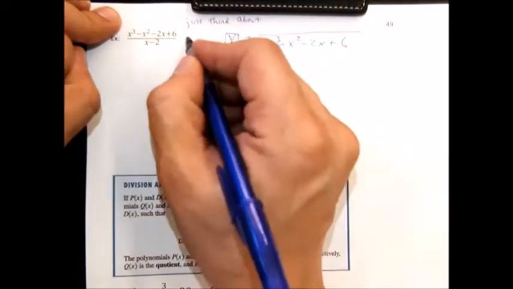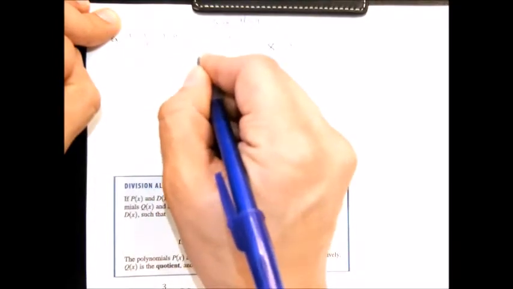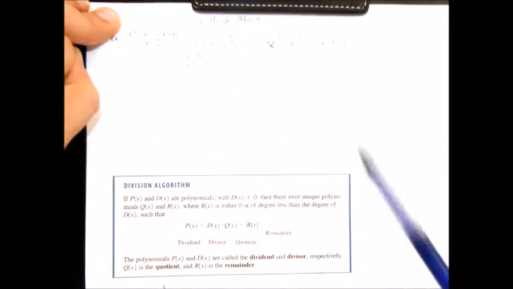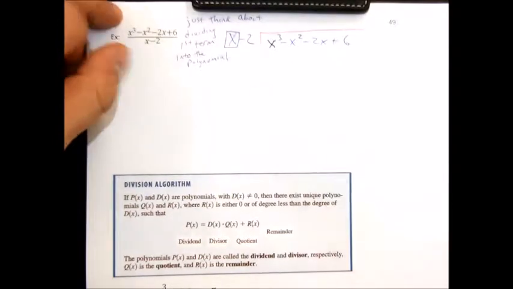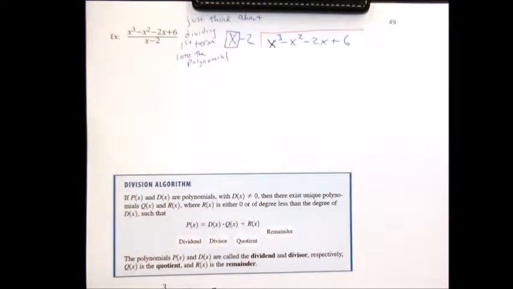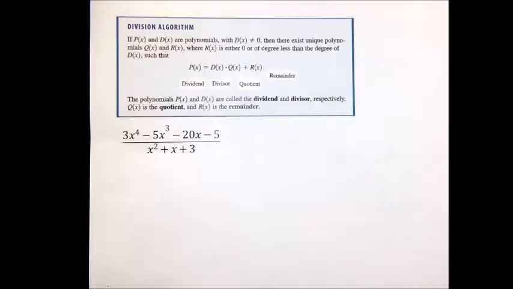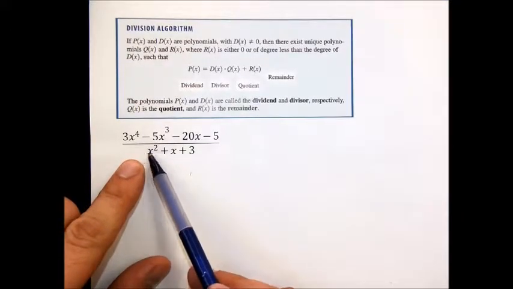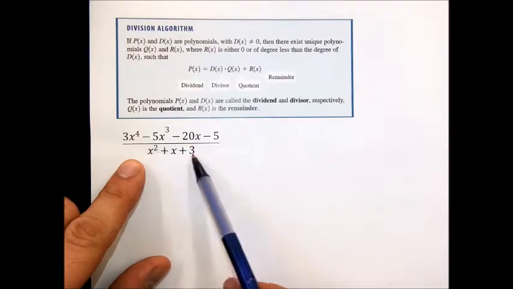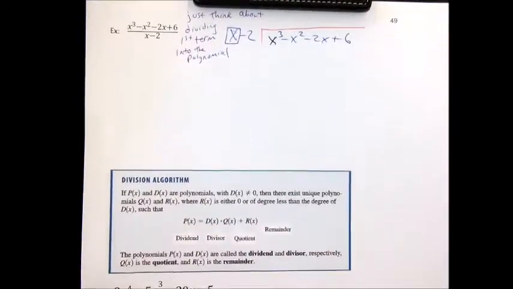Just think about dividing the first term into the polynomial. And in this case, it's x. If you look down at the one below it, just looking ahead, on this one we're just going to focus on the x squared and not the x plus 3. So you just focus on the first term of the divisor.